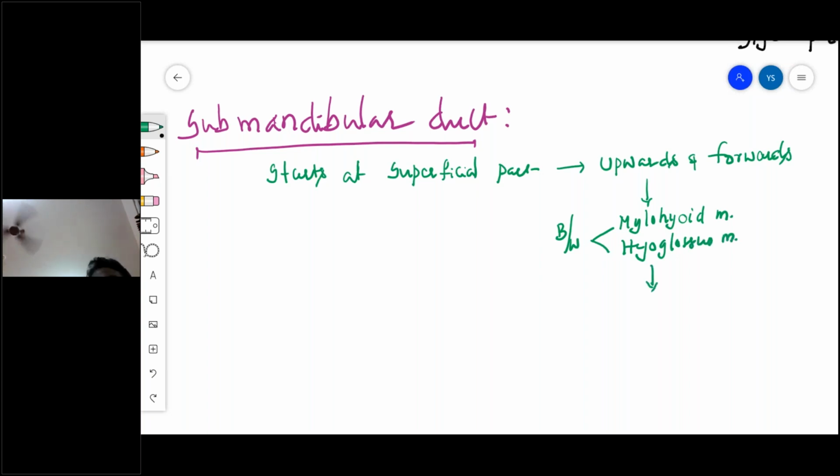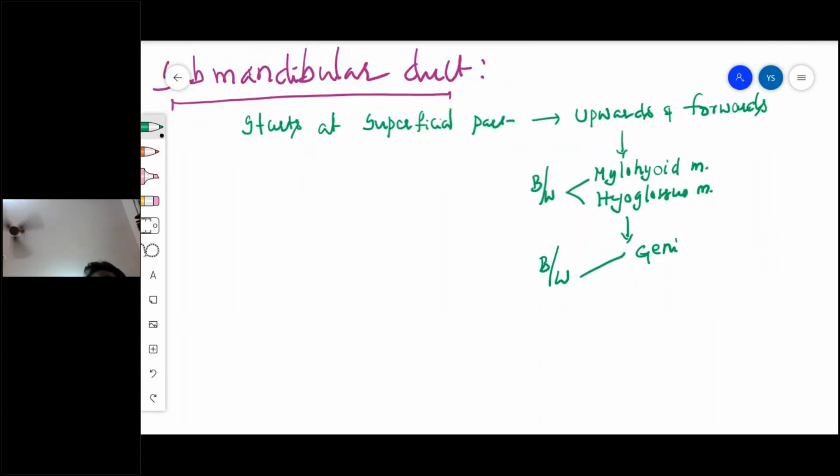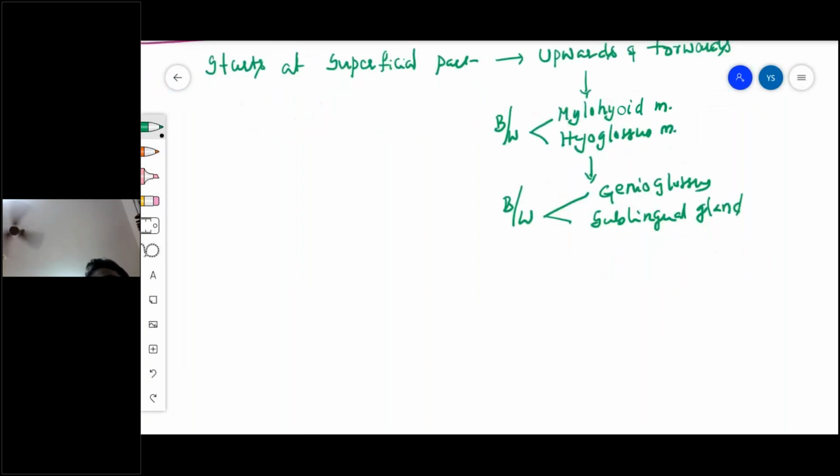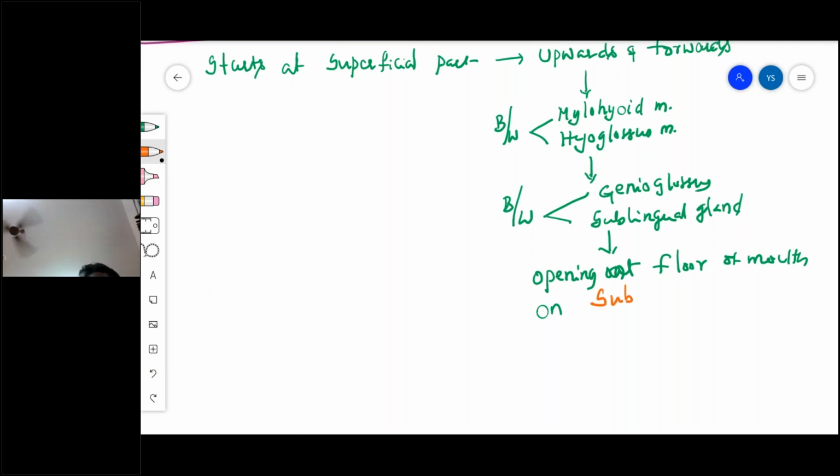Then after that it passes between the genioglossus and the sublingual gland. Finally, it opens at the floor of the mouth on what papilla? The sublingual papilla. This is highlighted here.